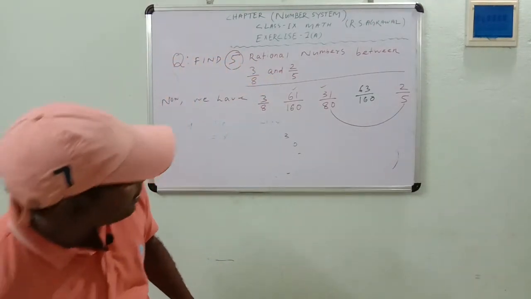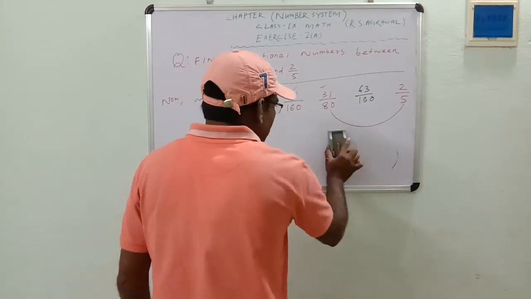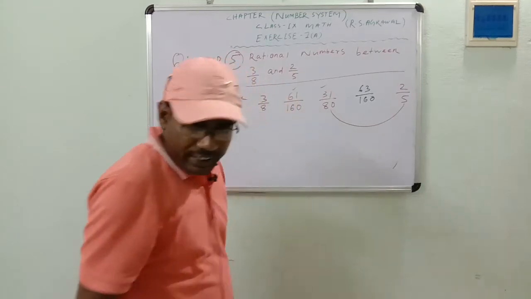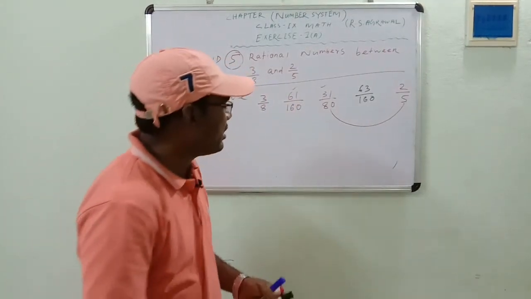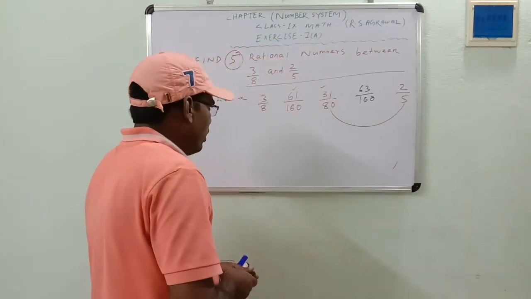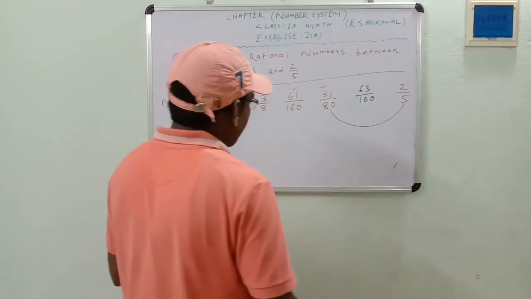It means you have already found three rational numbers between your given rational numbers. But the question asks you to find 5 rational numbers, so only 2 extra rational numbers you have to find out.